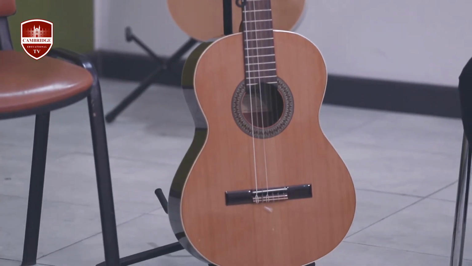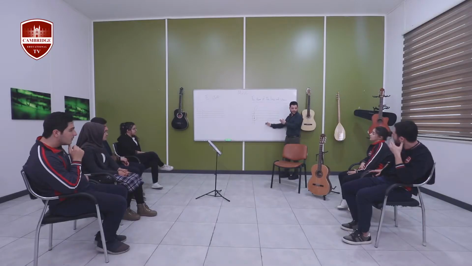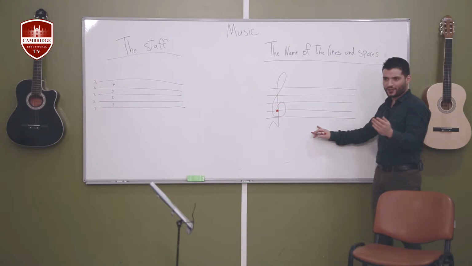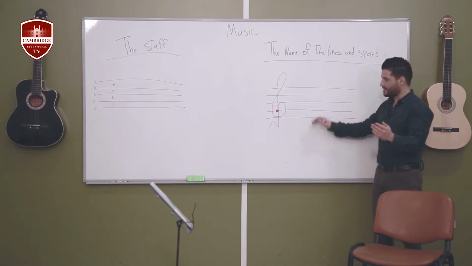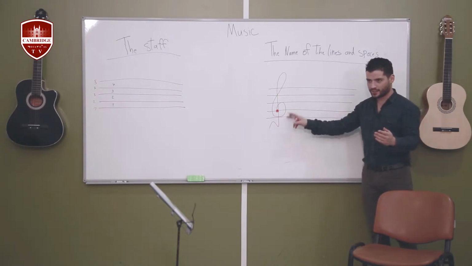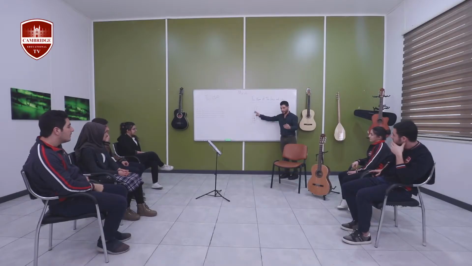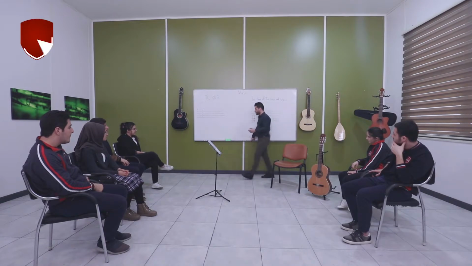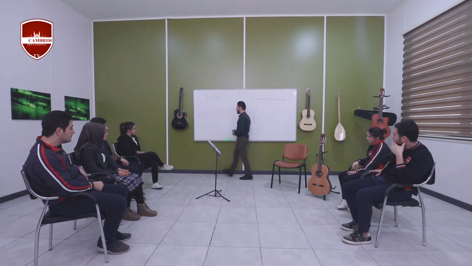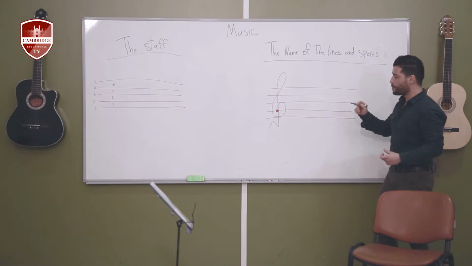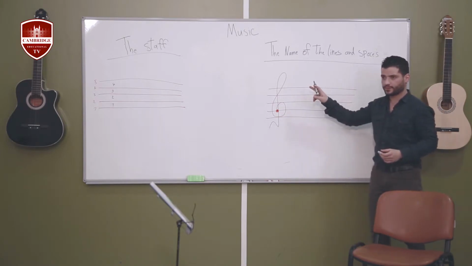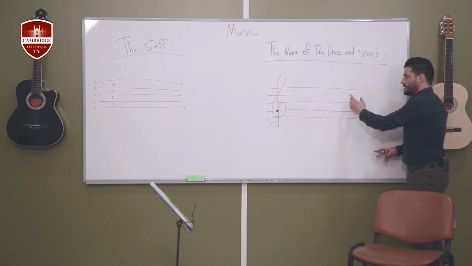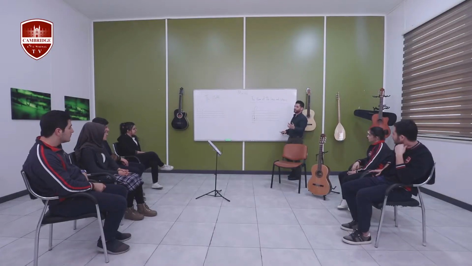Did you ever see this picture anywhere? These are the lines and this is the key, the music key. I'm going to show you something now. Probably you saw it in books or somewhere. When we put the treble clef, the lines and the spaces will have names.